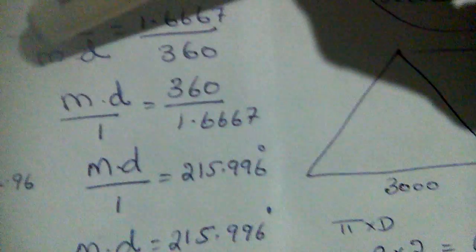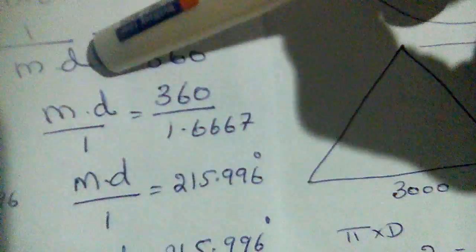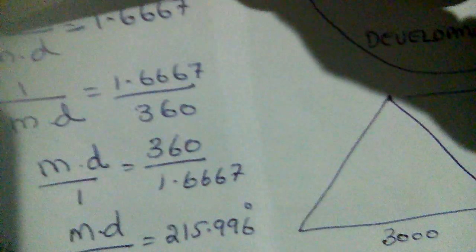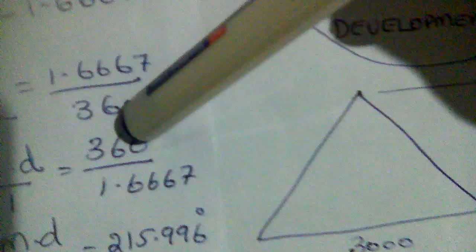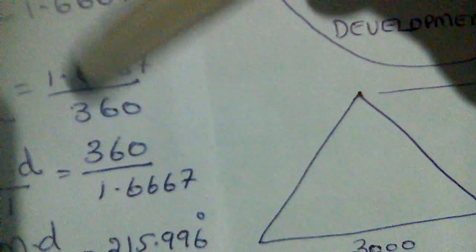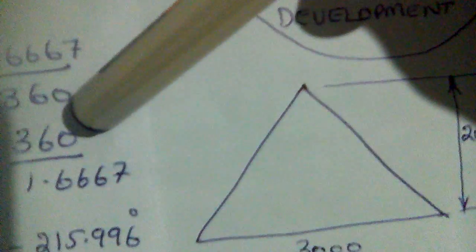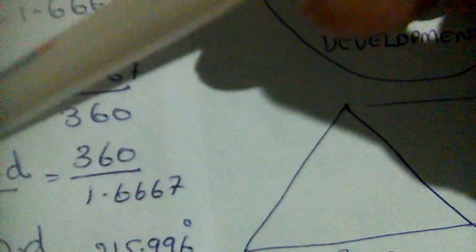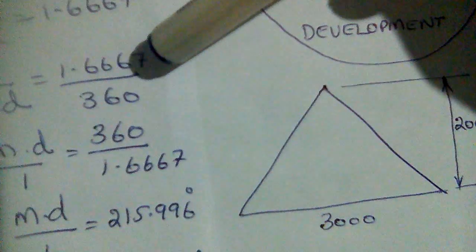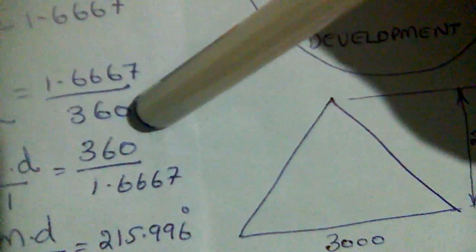So I have written here 1 by minor degree is equal to 1.6667 divided by 360, because 360 has reached the downside.